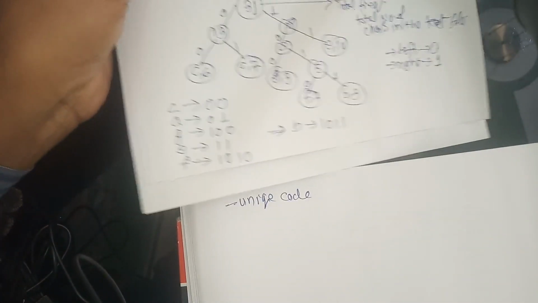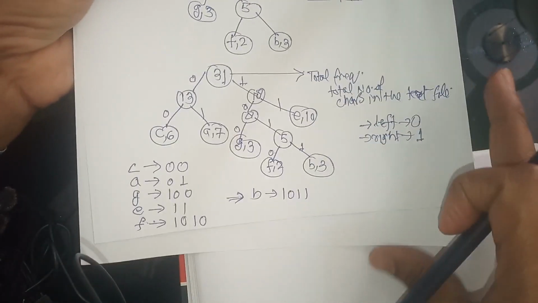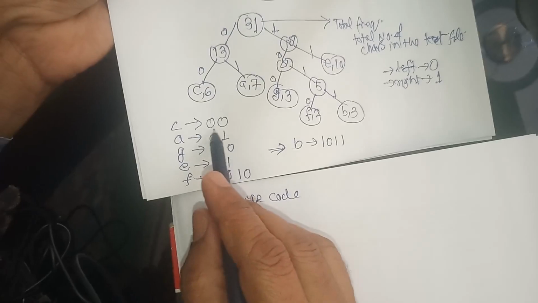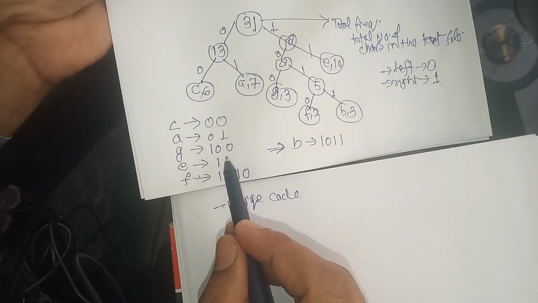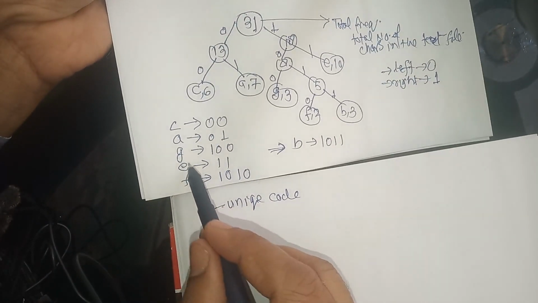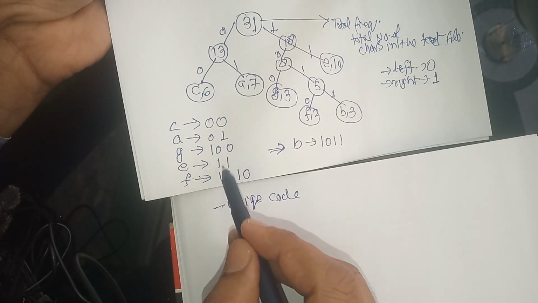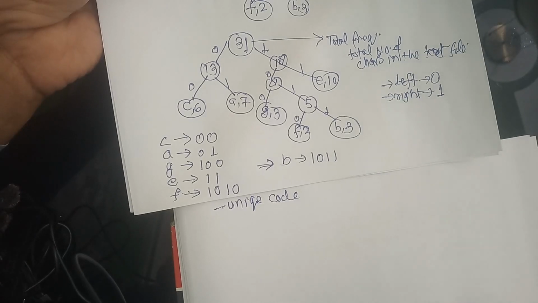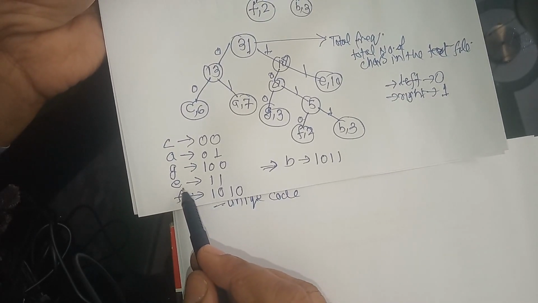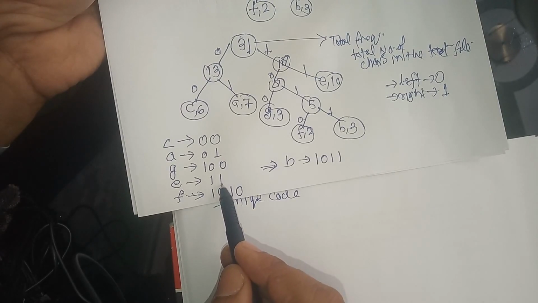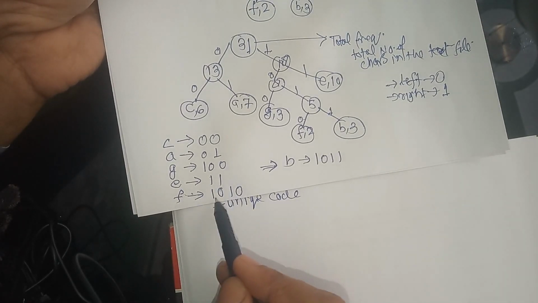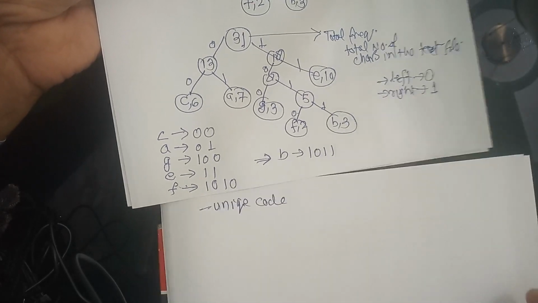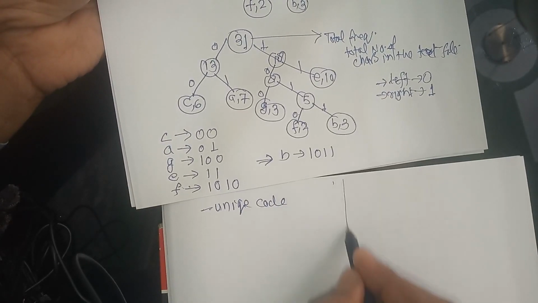And any character's code is not a prefix of any other character's code. You can see, if 00 is there for C, then any other character's code cannot start with 00. Similarly, if E starts with 11, then any other character's code cannot start with 11. Why is this required?